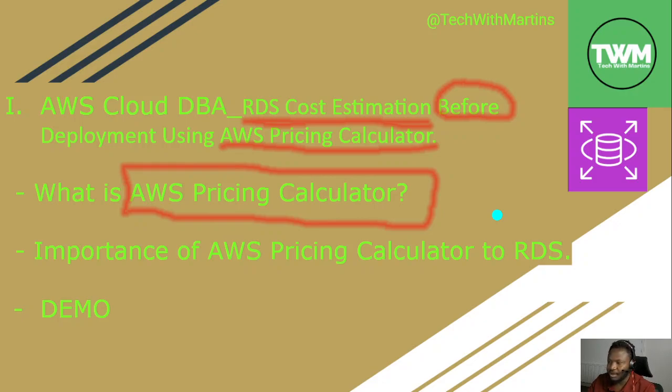Sometimes it is necessary for you to use the AWS pricing calculator to estimate the cost of your RDS instance for a period of 1 month, right? This will give you a preview, or insights on what to expect as far as RDS cost is concerned.